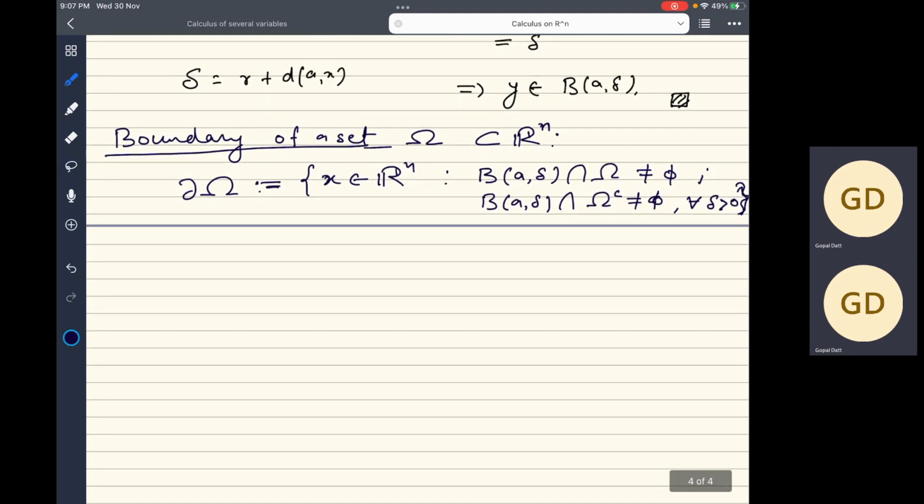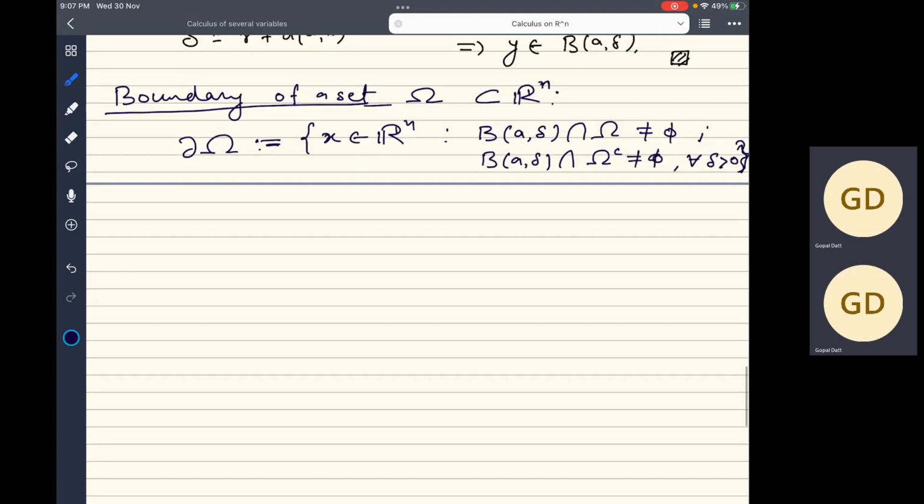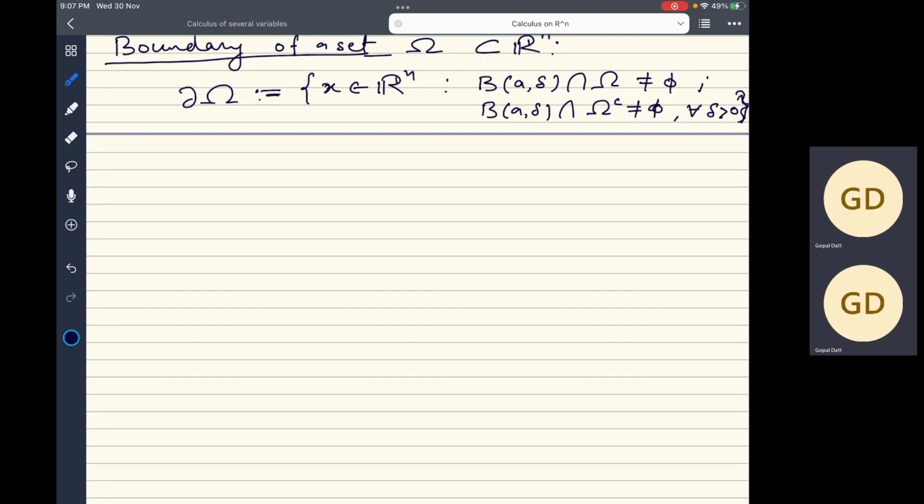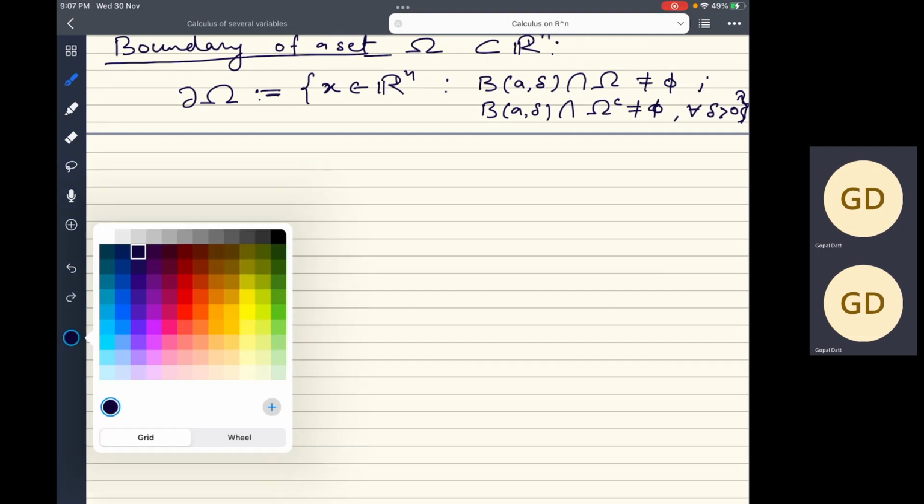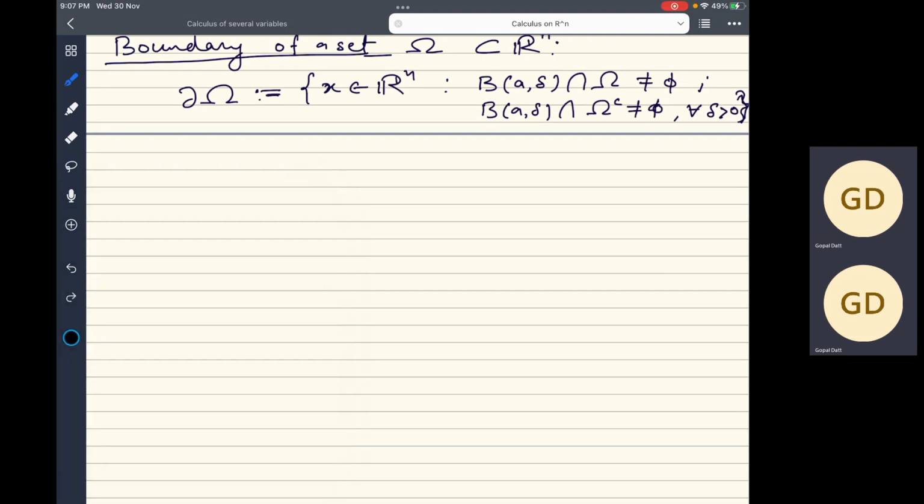One more notion that I want to recall is the accumulation point of a set, or limit point of a set. So we have omega a subset of Rn.